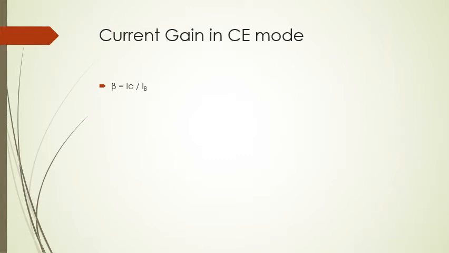So beta equals IC upon IB. IB is very small, normally in microamperes, and IC is larger as compared to IB, in milliamperes. So beta's value is very large, and normally it ranges from 30 to 300.